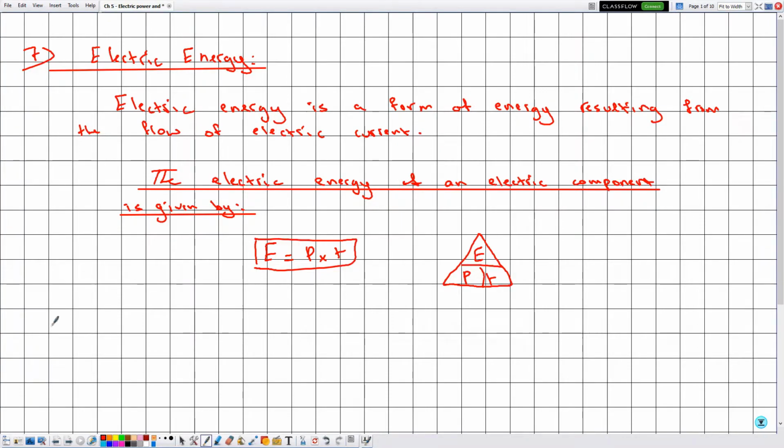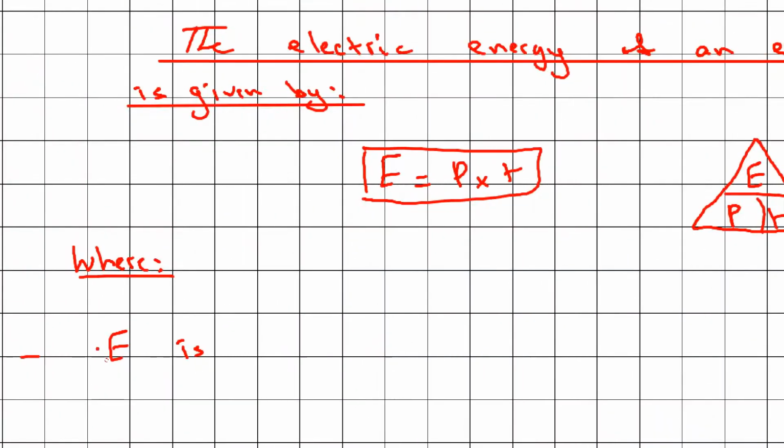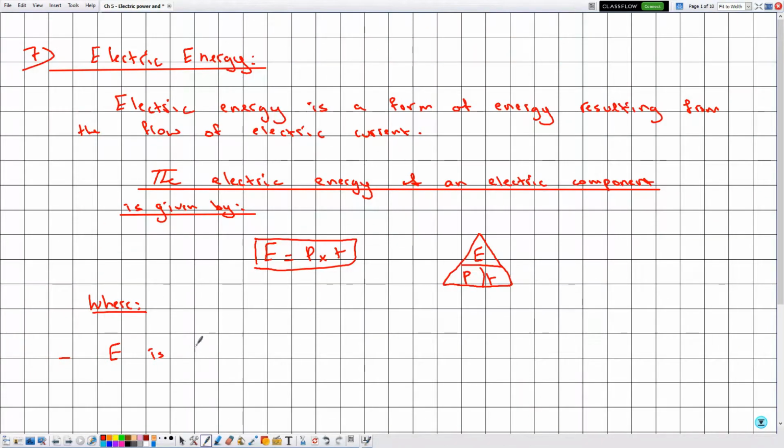Now let me define what does each of these quantities represent, and let me say where E, which is the first letter of energy, is the electric energy, and its SI unit is given by capital J, which stands for joules.